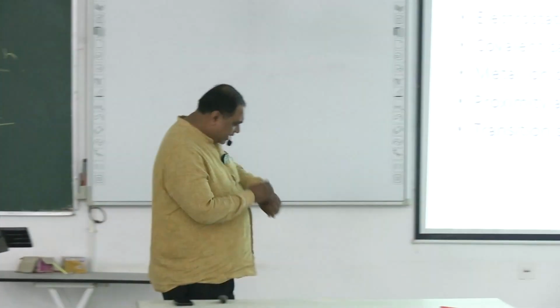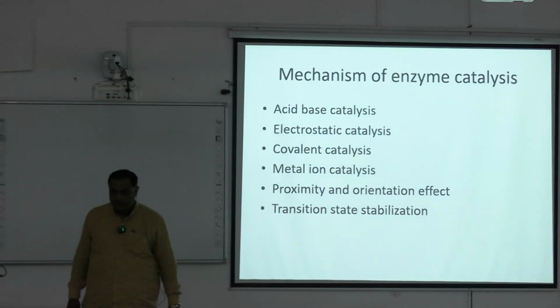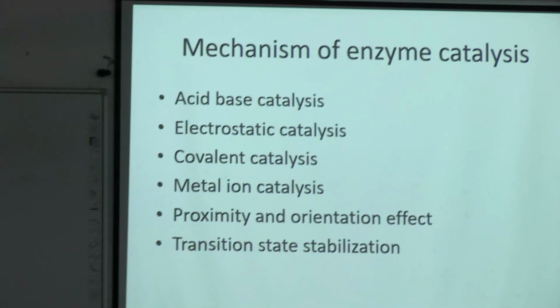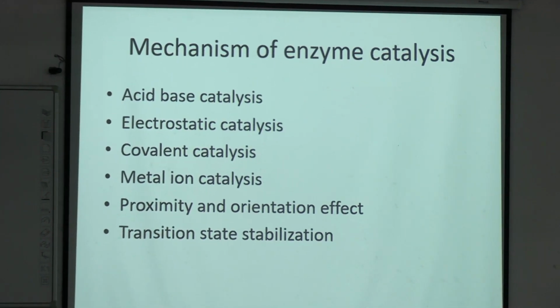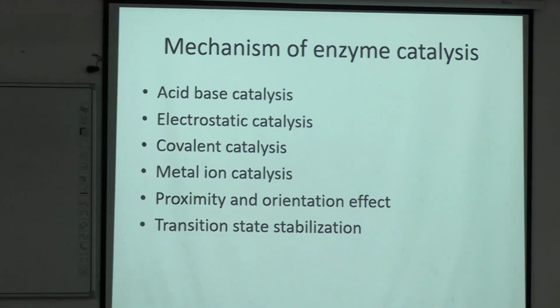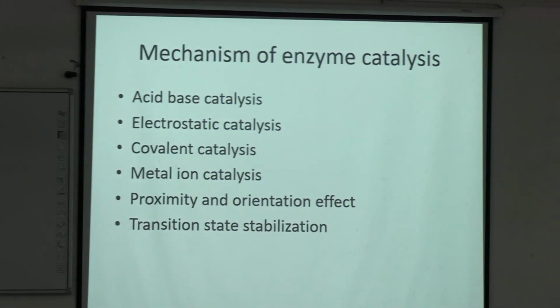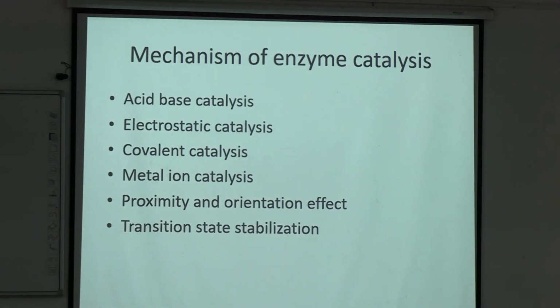Then there are 5 ways of catalysis. Quickly write down. Acid base. I told you the previous day, right? Acid base, electrostatic, covalent, metal ion, proximity and orientation effect, and transition state stabilization.